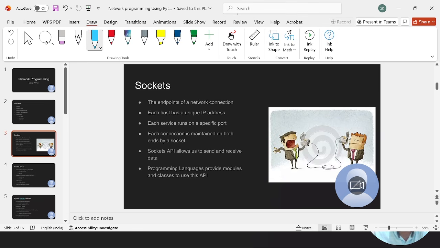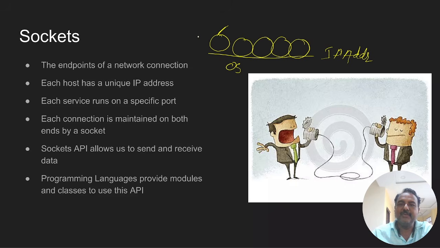A port number is an integer used for identifying a particular program which intends to send or receive data from the internet.